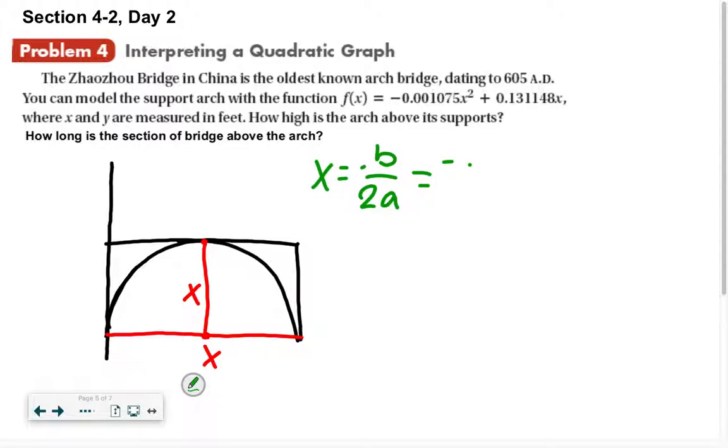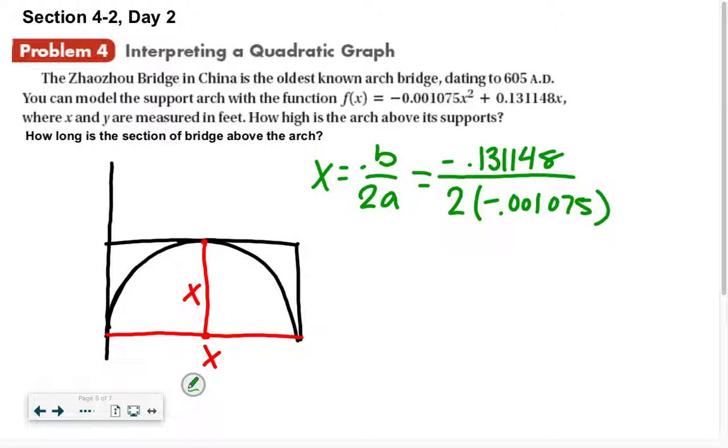My b is 0.131148 over 2 times my a, negative 0.001075. If you put that in your calculator, you get about 61. So that's my x.